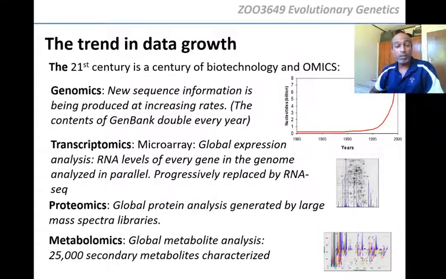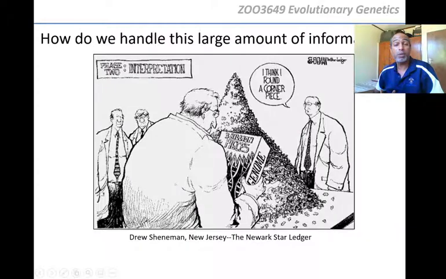Metabolomics is looking at metabolites, how these metabolites and secondary metabolites are characterized, and you end up with these mass spectra comparing different metabolites. All that data also needs to be stored somewhere. We've just been generating so much data.